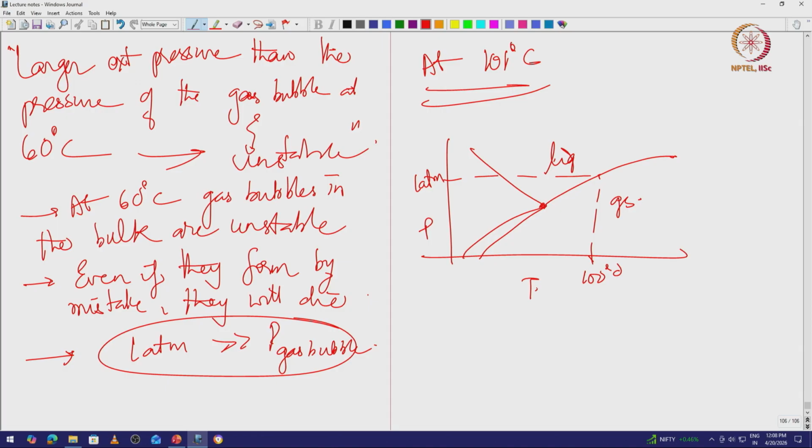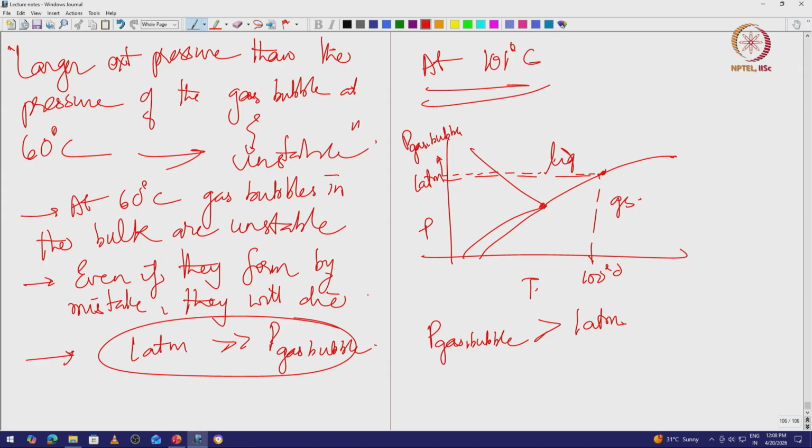So, I am slightly above this, which means I am at 101 degrees Celsius. So, the P gas bubble now is greater than 1 atmosphere, or slightly greater than 1 atmosphere, okay.